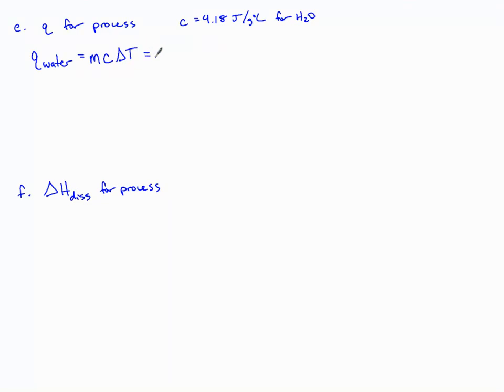The first thing, and we're talking about water here, right? This is the C for the water. This is the change in temperature for the water. So this needs to be the mass of the water. If you look up at the top of the page, we aren't actually given the mass of water. We're told that we have 100 milliliters of pure water or distilled water.